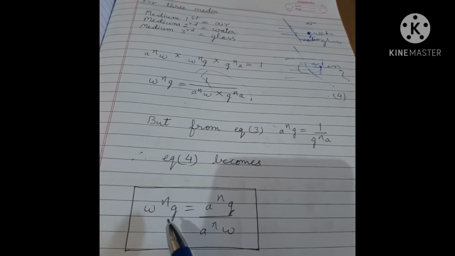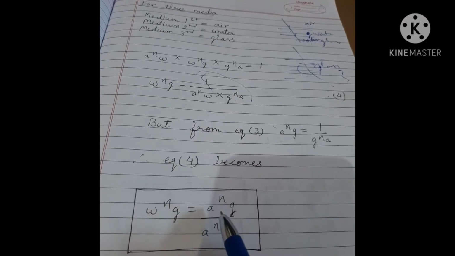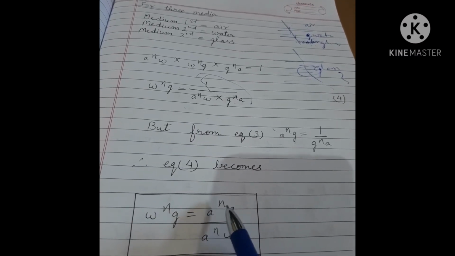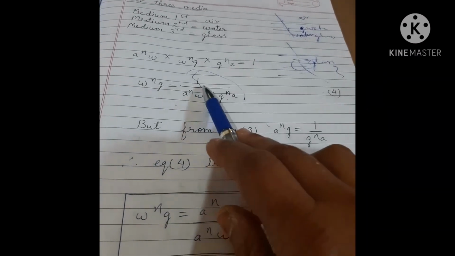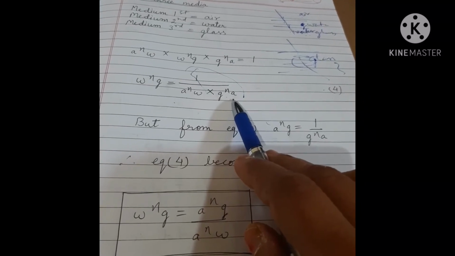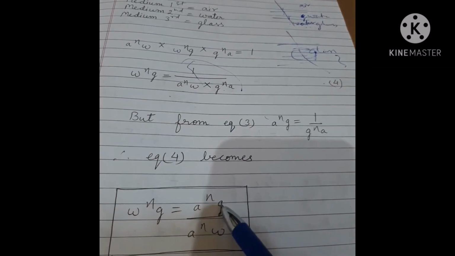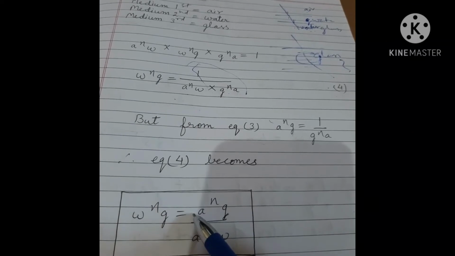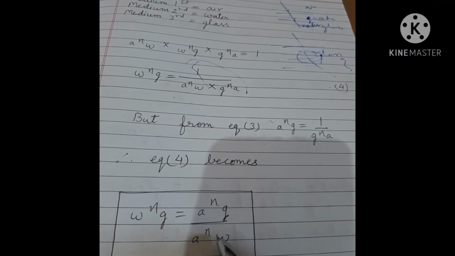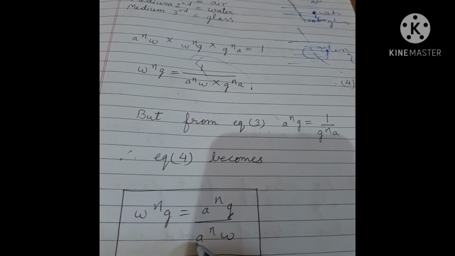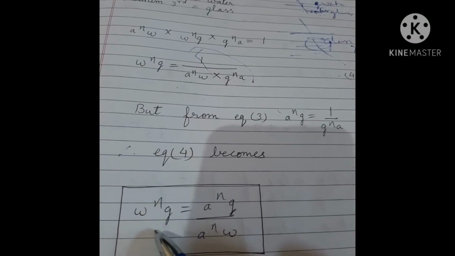What does it become? WNG is equal to ANG upon ANW. This 1 upon GNA will be changed into ANG. ANG means refractive index of glass with respect to air, and this is refractive index of water with respect to air. So this is the formula.